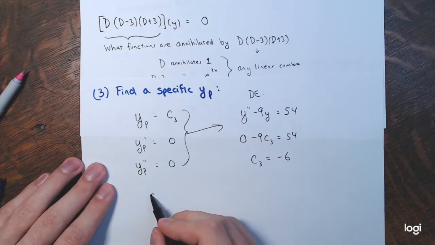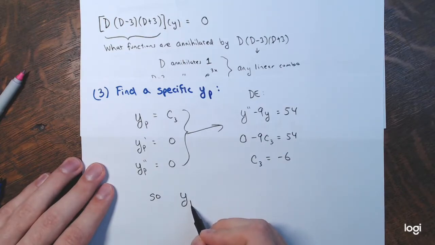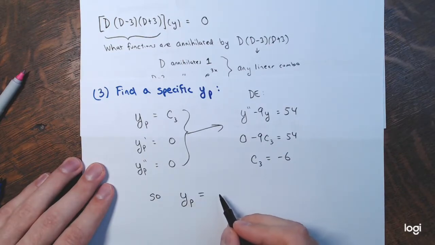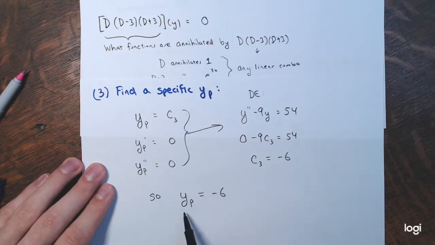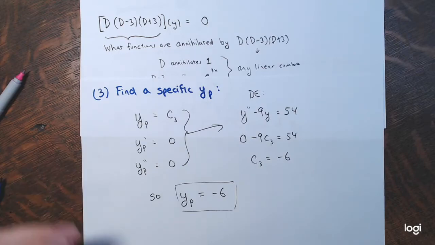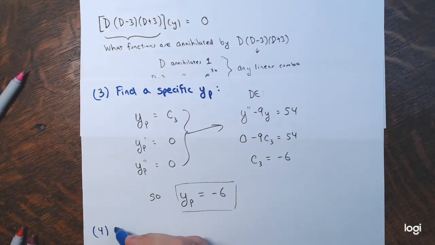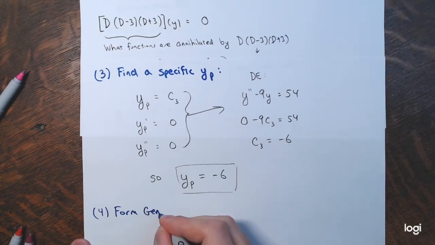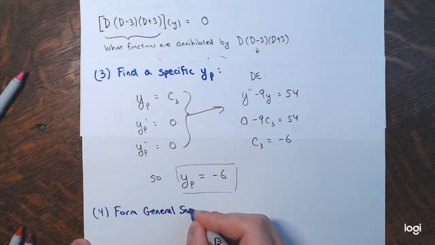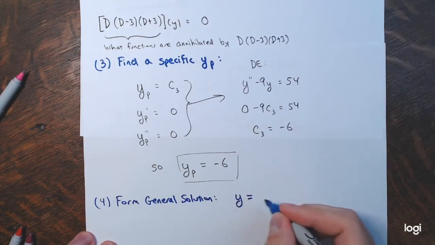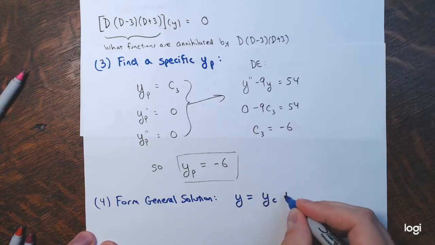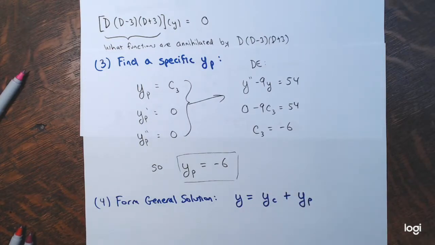All right, so the particular solution we're looking for is yp equals negative 6. And then finally, I can form the general solution of our non-homogeneous equation. And remember, it looks like this: y equals your complementary function plus the particular solution that we find.